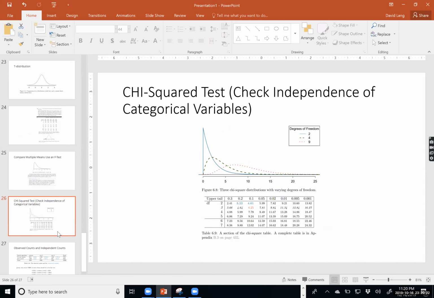The other statistical test that I want to introduce you to is something called a chi-squared test. And what it's used for is to check the independence of categorical variables. Specifically, what that means is you want to see if there's a relationship between two categorical variables. So for instance, one thing you can imagine is that shirt size might be related to high blood pressure.